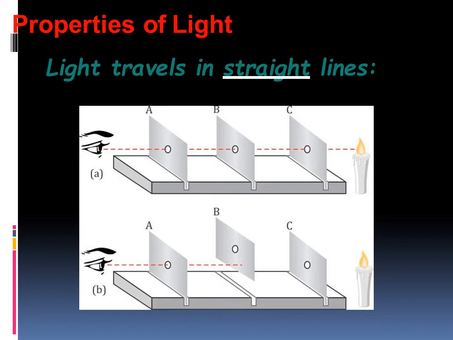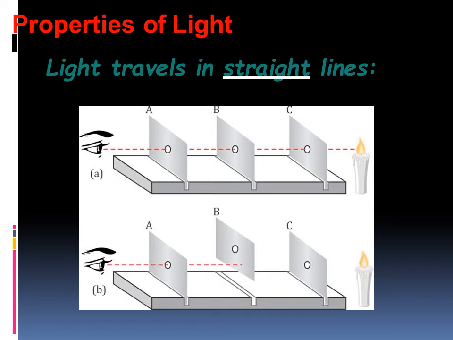So if we place the three boards and observe through the hole, we can easily see the flame of the candle. But in figure B, if any of the boards is moved or misplaced, then what will happen? We can't see the flame.